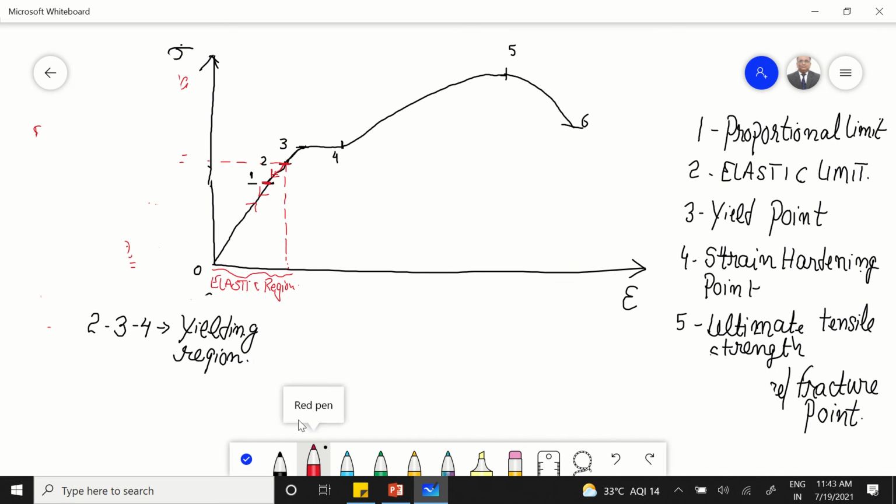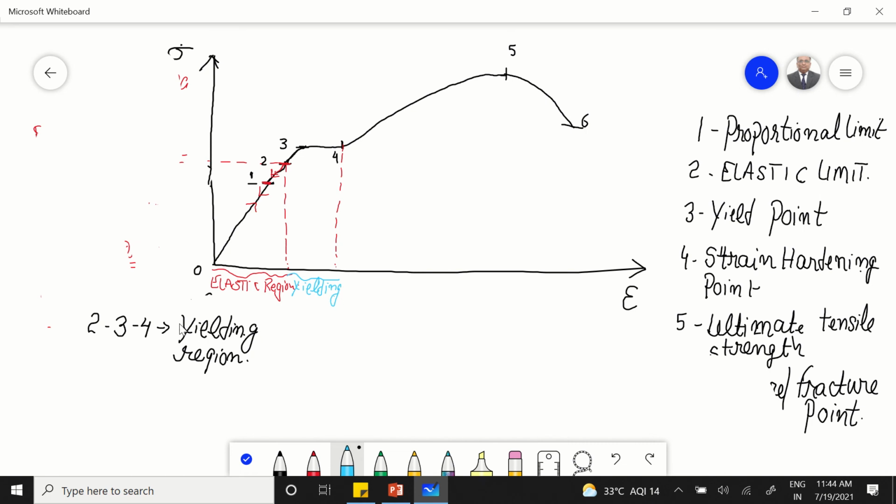If you just drop a perpendicular line here, from point 2 to 4, we call this yielding.